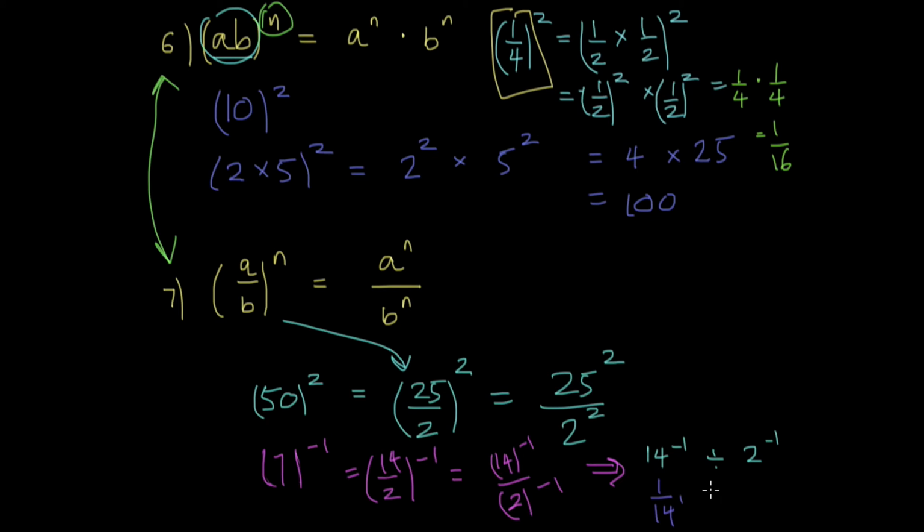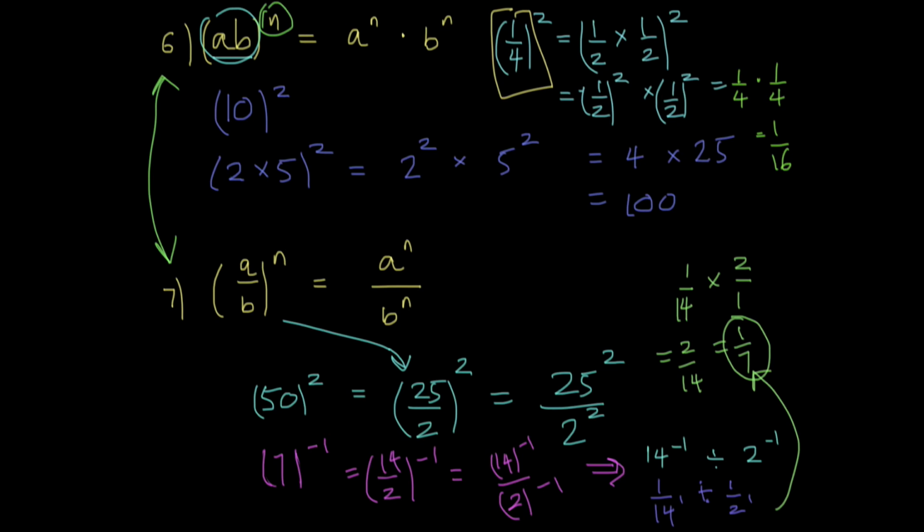And this becomes divided by 1 over 2 to the first power, right? If I have 1 over 14 divided by 1 over 2, we have to flip this around, so that becomes 1 over 14 times 2 over 1. That's 2 over 14. That is 1 over 7. Okay?